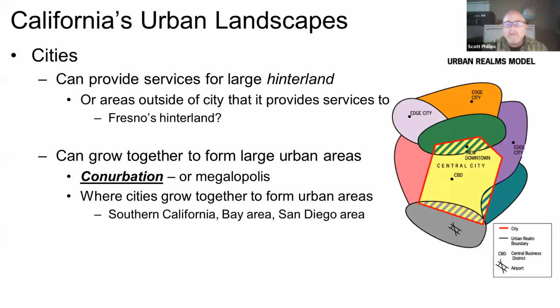There's no clear definition of the end of one urban area and the beginning of the other. They just sort of grow and mold into each other. Fresno and Clovis have grown together, but it's just a minor example. A conurbation would be more like the Los Angeles or San Francisco Bay Area, and even the San Diego area as well.